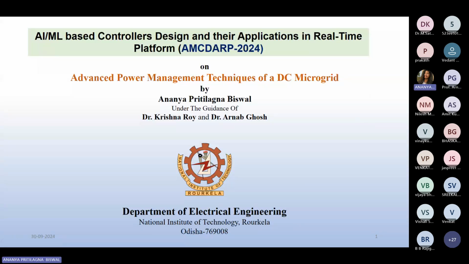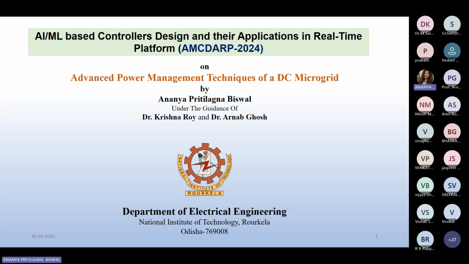Good afternoon, everyone. Once again, I welcome you all to the AI or ML based controllers design and their application in real time platform, which is organized by the Department of Electrical Engineering, National Institute of Technology, Rourkela. Today, I'm going to deliver a talk on advanced power management techniques of a DC microgrid.